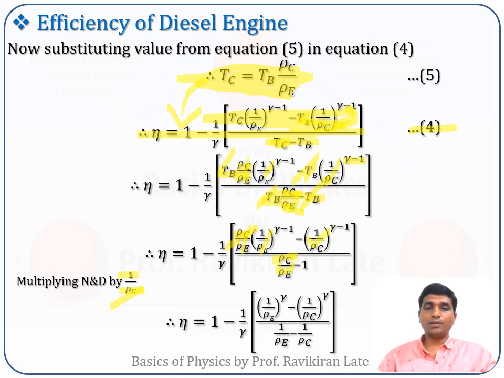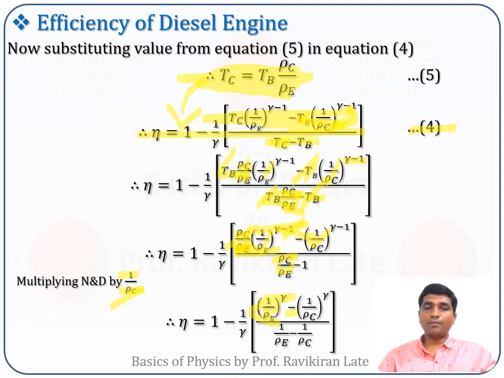Using the laws of indices, rho e to the power minus 1 and rho e to the power plus 1 cancel, leading to the first term 1 upon rho e to the power gamma, minus sign as it is, into 1 upon rho c to the power gamma minus 1.